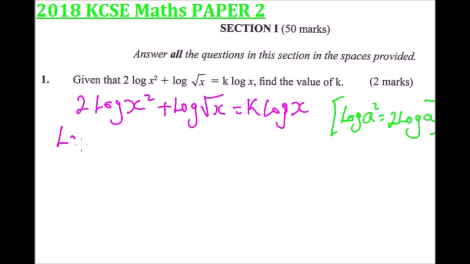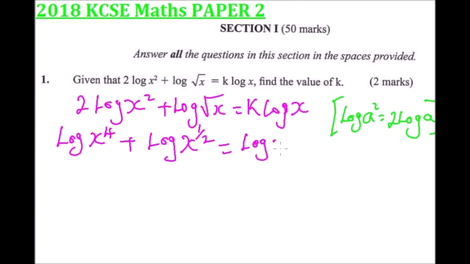So this 2 will come up here. We have our expression as 2 times 2 is 4, so it is logarithm of x to power 4 plus logarithm of the root of x, which can be written as logarithm of x raised to power a half, that is the same as root, equals the logarithm of x raised to power k.